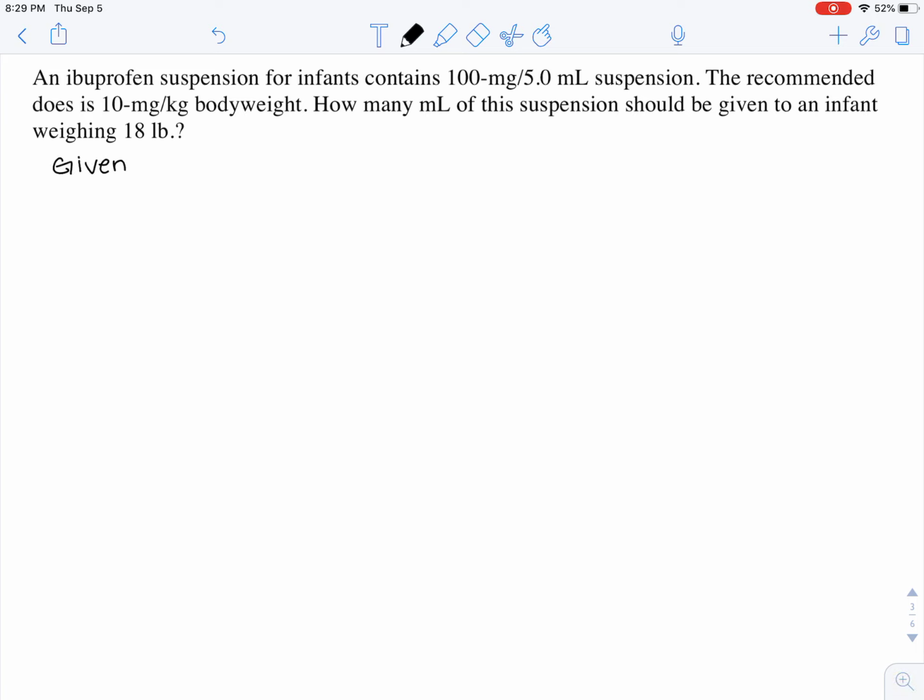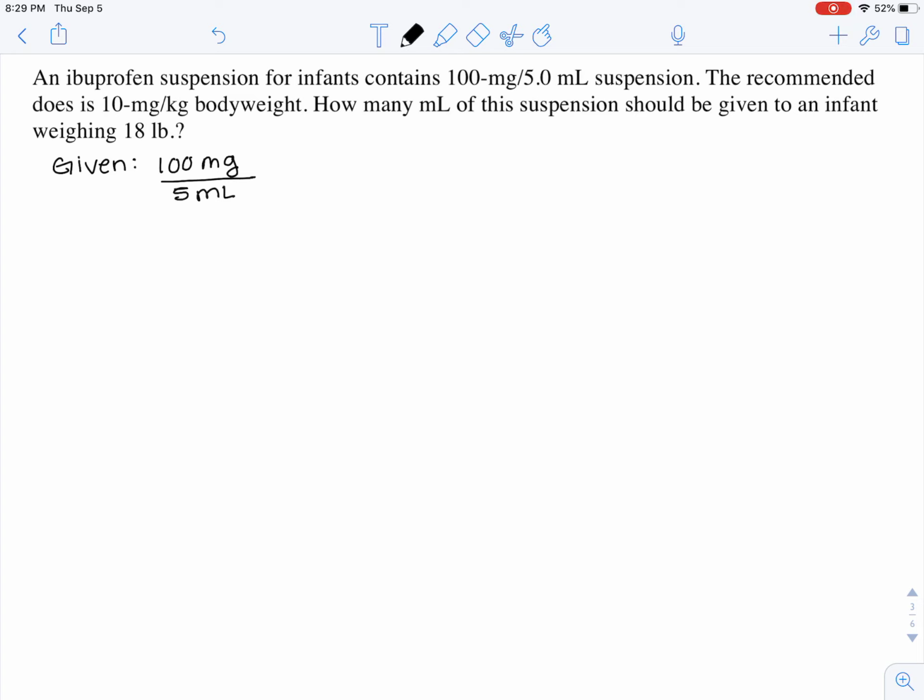In my first sentence, an ibuprofen suspension for infants contains 100 milligrams per 5 milliliter suspension. So I have 100 milligrams per 5 milliliters. 100 milligrams is the medicine, in 5 milliliters of that suspension.